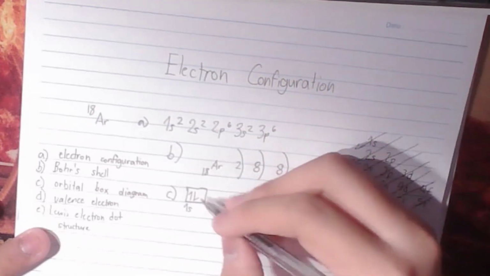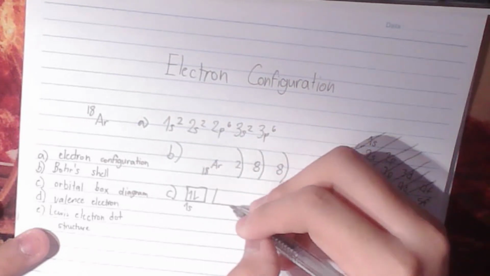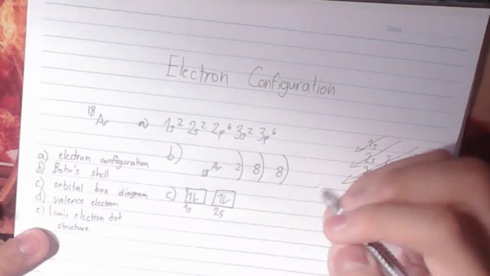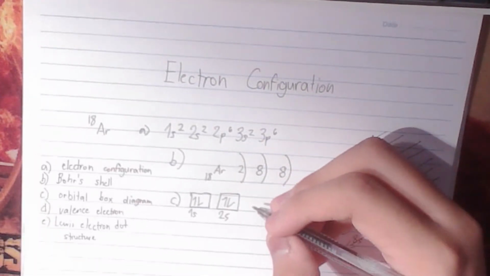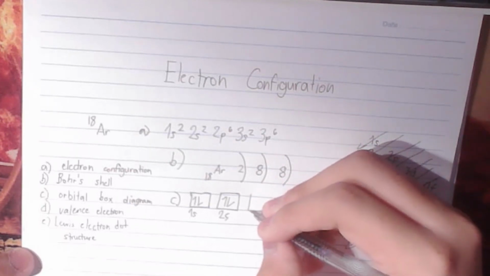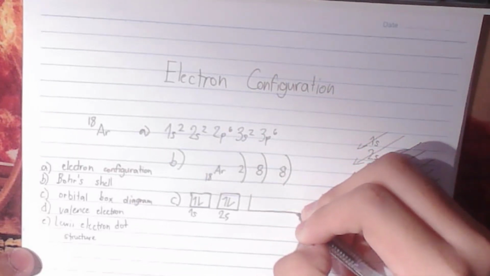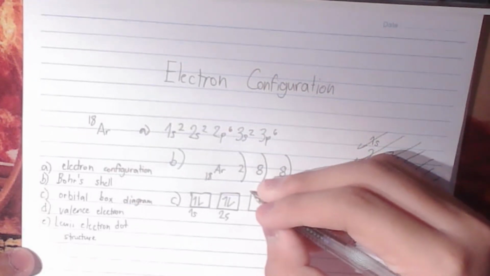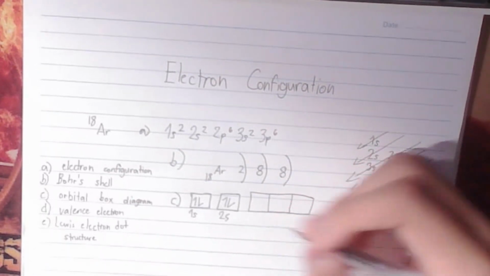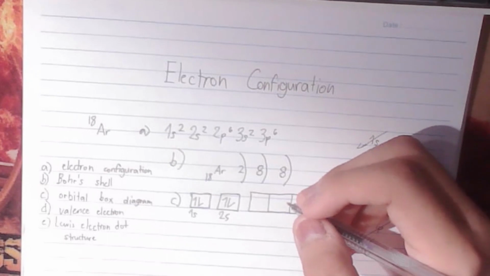Now, let's go to 2s, and we do the same for it. For 2p6, since we have 3 orbitals, with 2 electrons occupying each, we write down 3 boxes, one for each orbital.